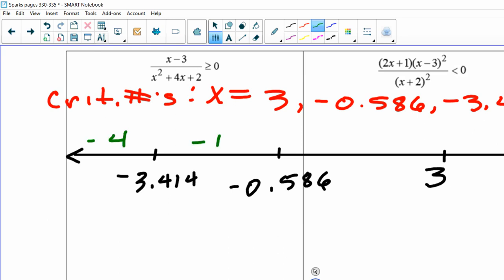Fine, -1, -2, and 4. Remember, you're going to test these green numbers in here, and you're going to determine if you get positive or negative.